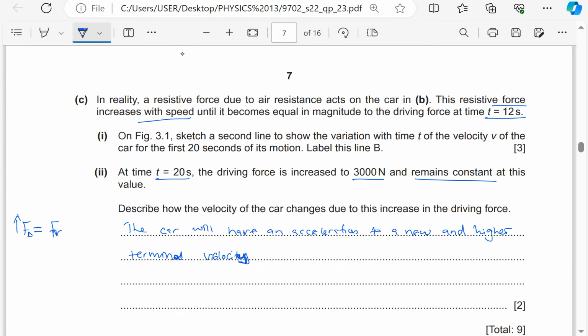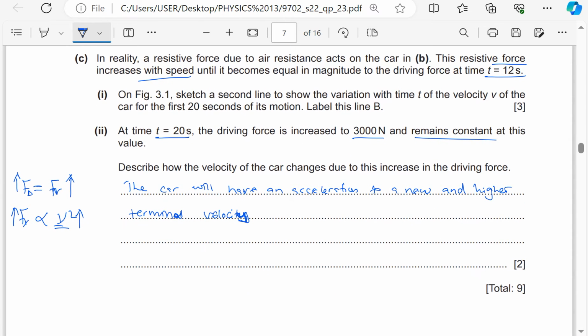Since the driving force is now bigger, it will require a much higher resistive force to balance it. And remember, the resistive force depends on the speed, proportional to speed squared. A much higher resistive force means that the speed is going to be higher, so terminal velocity is going to be higher. Or you would simply say that the velocity will increase to a new terminal velocity.